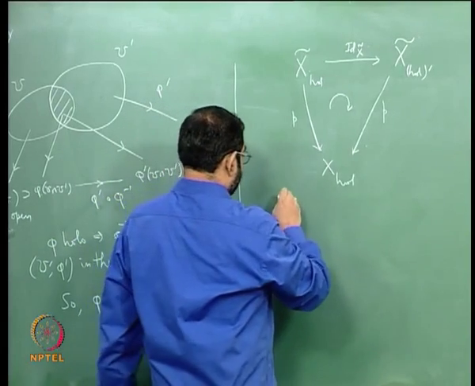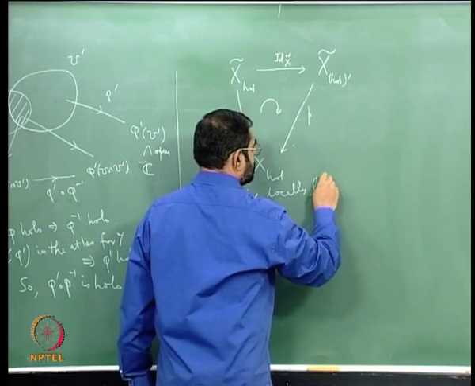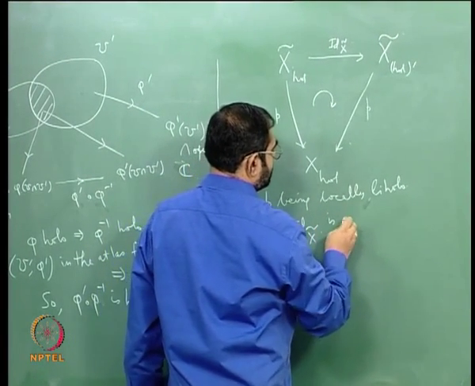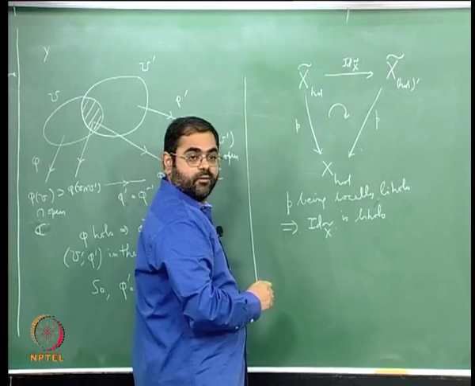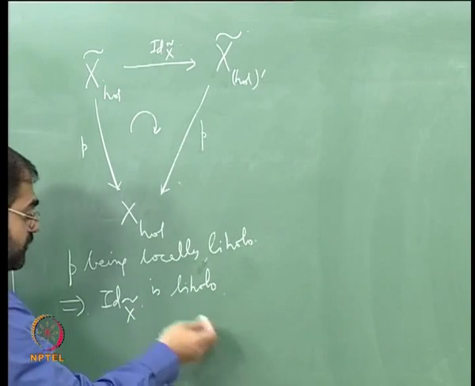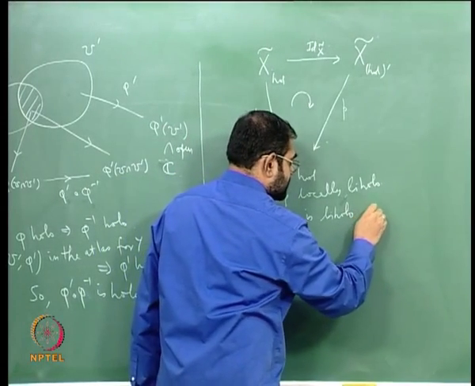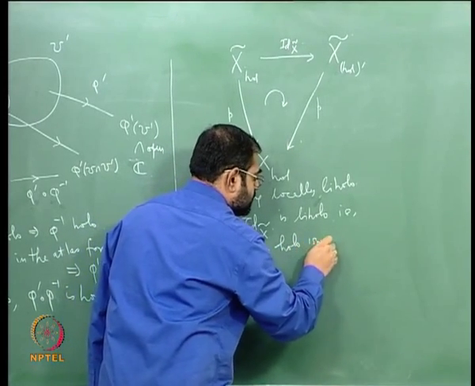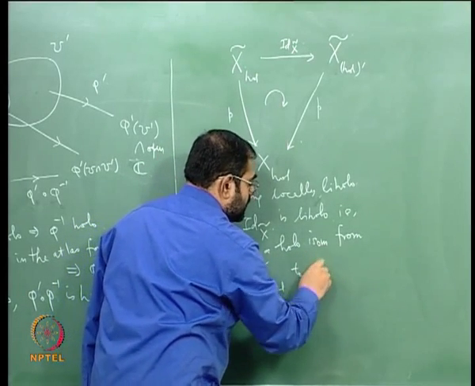So P being locally biholomorphic implies that the identity map on X tilde is biholomorphic, and in fact it gives you a holomorphic isomorphism from X tilde whole to X tilde whole prime.